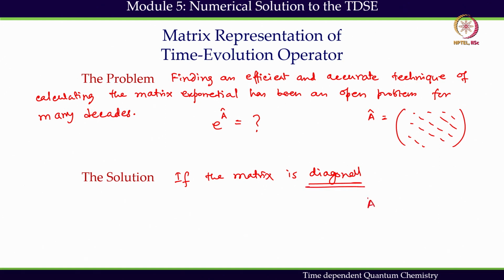So, if A is a diagonal matrix, which means that I have values A11, 0, 0, then 0, A22, 0, then 0, 0, A33, like this way, only diagonal elements are present.